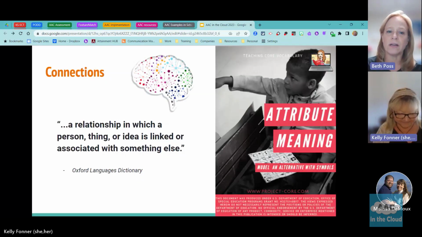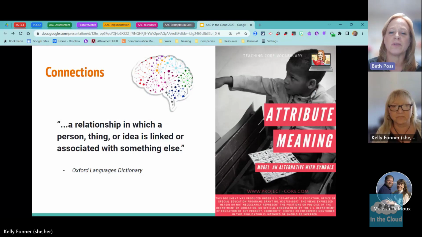And just to reiterate a little bit more, the idea of those connections, right? We've got a definition of what a connection is. It's a relationship in which a person, thing, or idea is linked or associated with something else. And just those strong connections between language and literacy, and Project Core is referenced right there in that image, about how we're attributing meaning in the work that we are doing in our literacy.